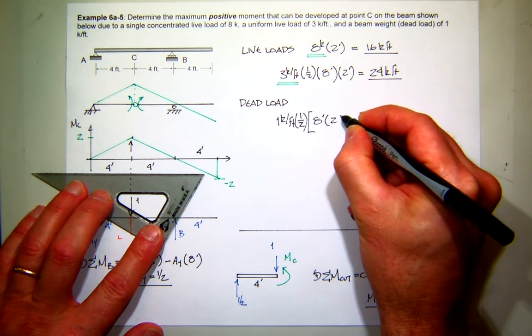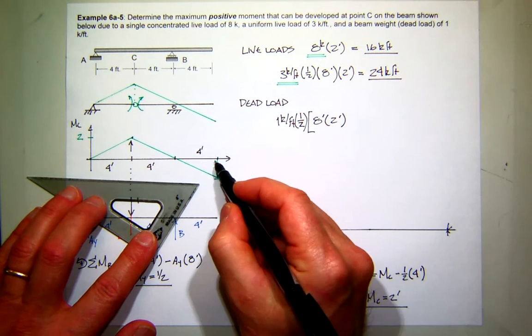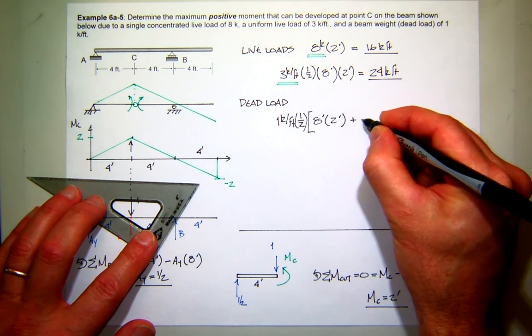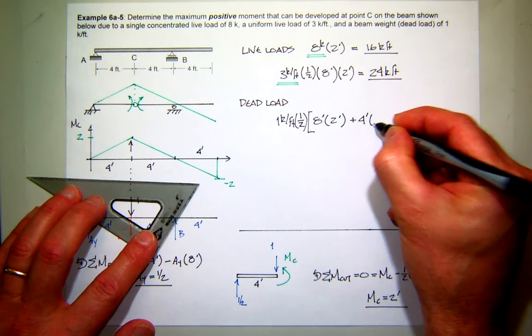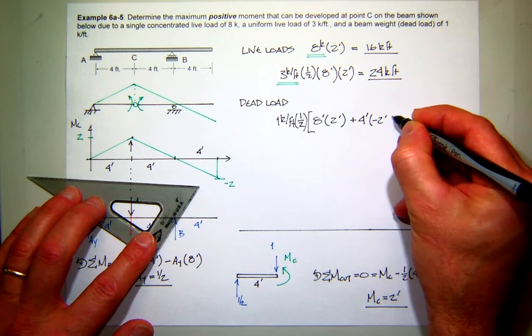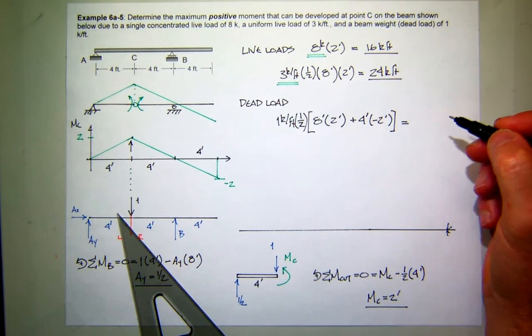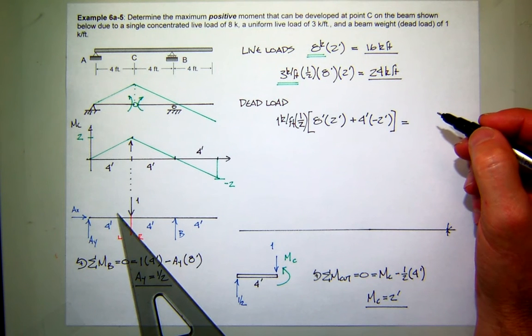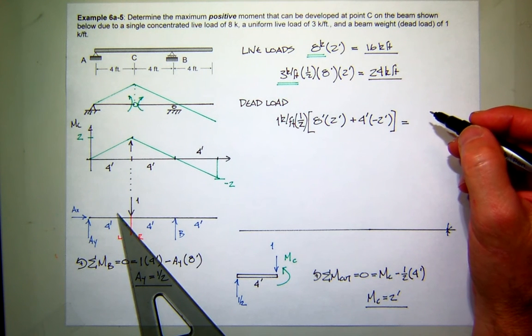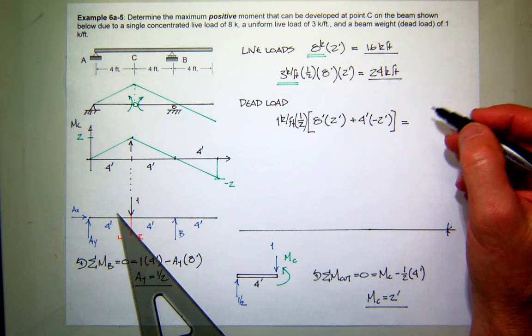Then this segment here will have a base of 4 feet and a height of -2 feet. So what's that equal to? 4. So that's 4 kip feet.